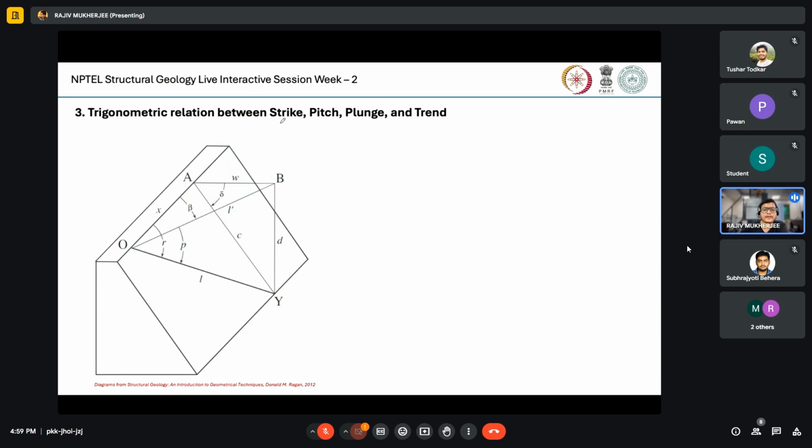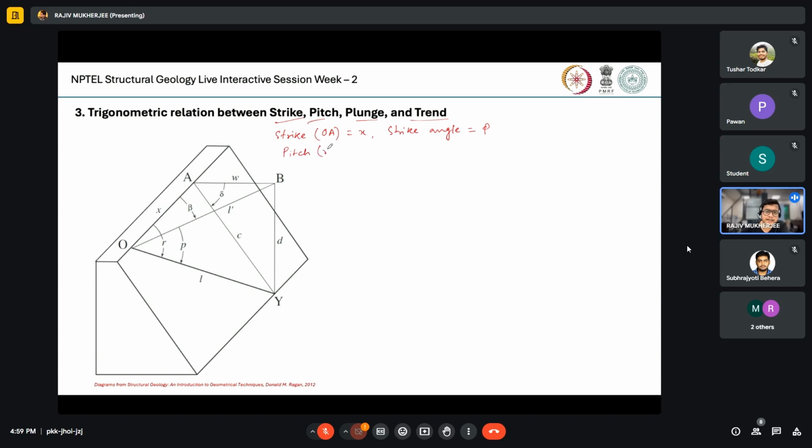Okay, so let us derive this relation. Again, we will define strike, pitch, plunge, and trend. So strike is, as usual, the OA line, and we have considered the length x. Strike angle is phi, and then we have pitch.